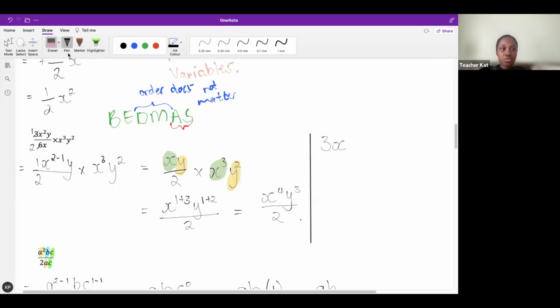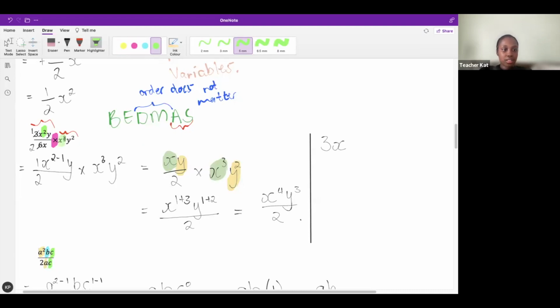So then it's going to be 3 times x to the power of what plus what? Let's look carefully. 2 plus, we're not adding the one at the bottom, guys. Remember, we're starting with multiplication. So we're multiplying these guys over here with these guys over here. So let's check x again.